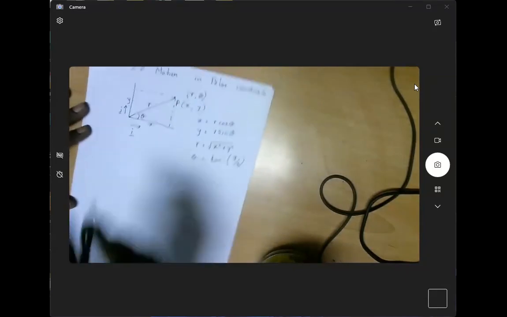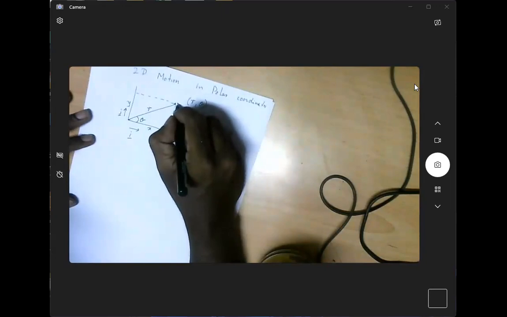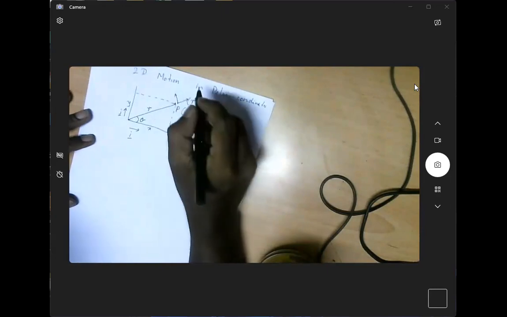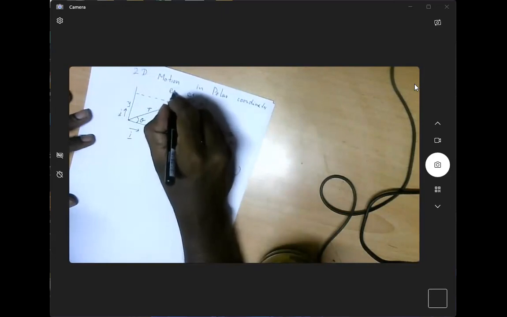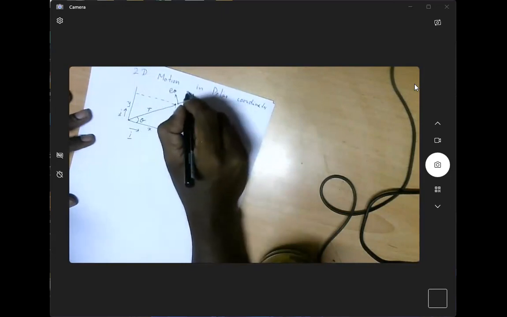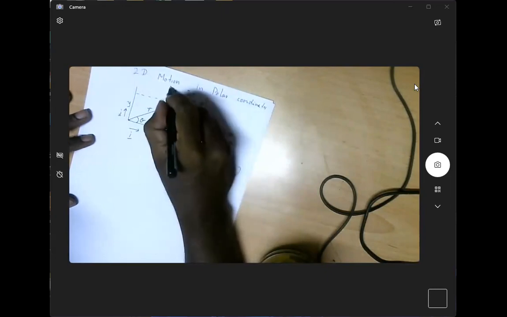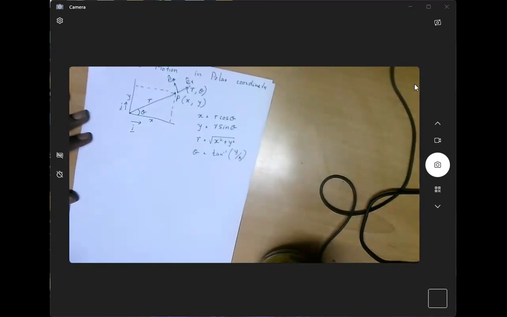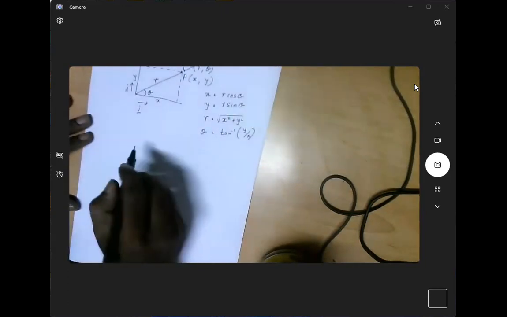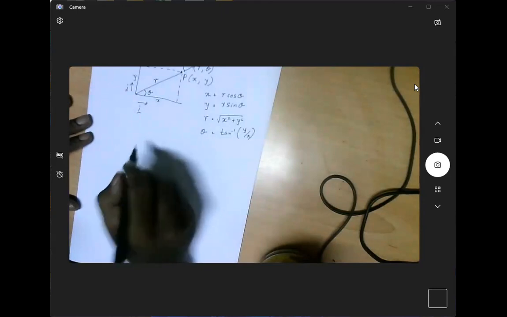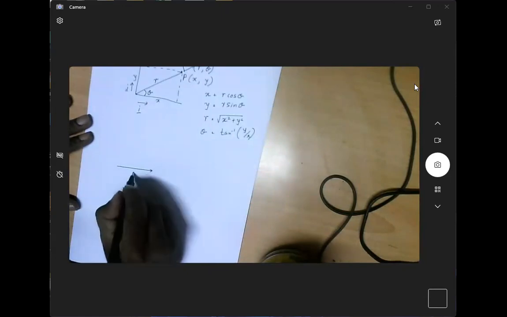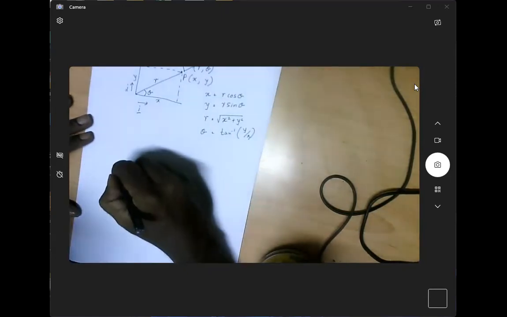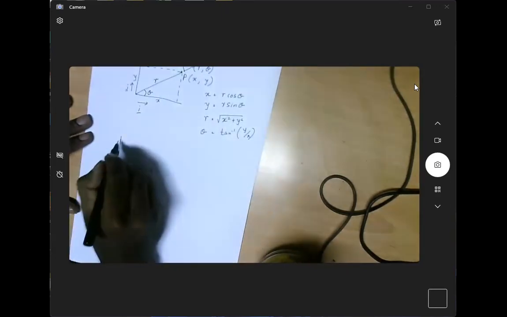Then in Cartesian coordinates, we have two unit vectors, i and j, right? In the same way, we can define two unit vectors in polar coordinates, and typically they are represented as e_r and e_theta. And to show that they are unit vectors, you put a hat on top. Right? So let me draw the unit vectors down here. In Cartesian, you have unit vector i and unit vector j.